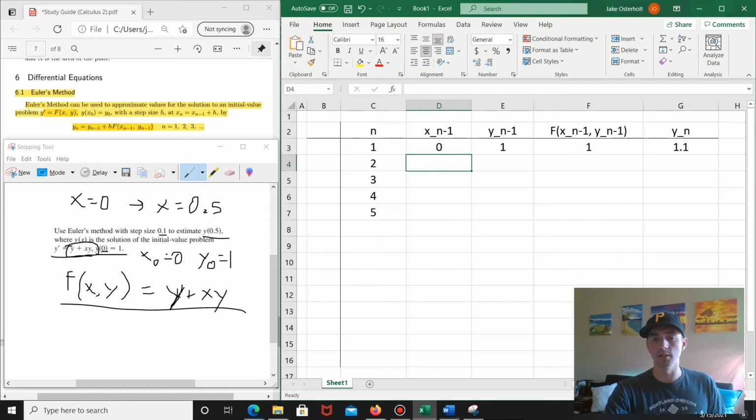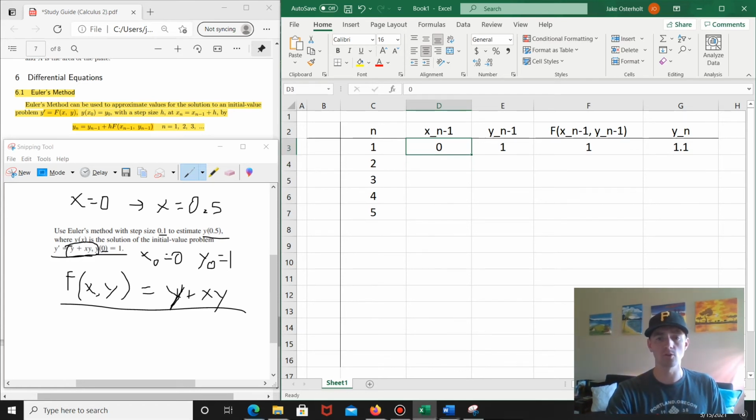But what we can do now is we can do this same kind of automated process to populate this cell and this cell, and then I'll show you the cool trick at that point. So keep in mind, this x and this y value we just had to manually plug in at the beginning. To get from your previous x value to your next x value, all you have to do is take your last x value and add your step size.